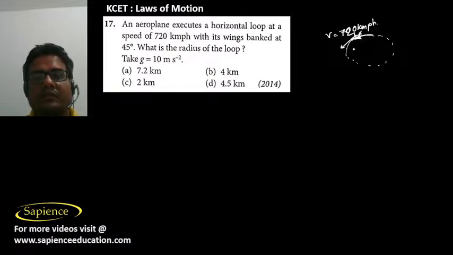What is the radius of the loop? The wings are banked at an angle of 45 degree to the horizontal.